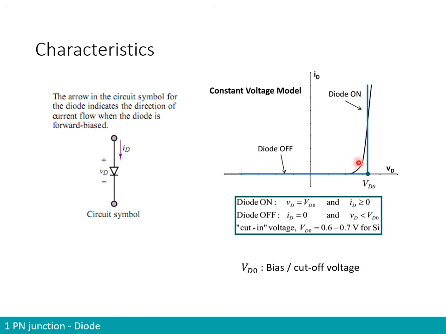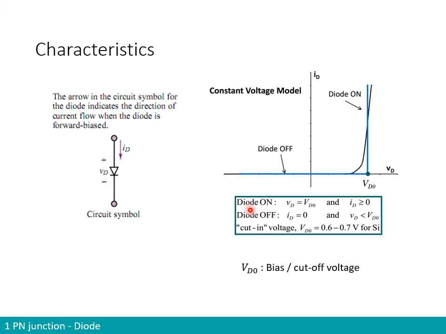This is the real curve, a more accurate curve, but usually to just model the diode for utilization, we say that the current will cross the diode once it attains VD0, what we call the bias voltage or cut-off voltage. How much is VD0? VD0 for silicon is between 0.6 and 0.7. Usually we just take the value of 0.7 volts.